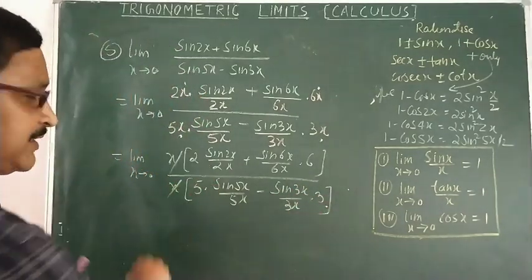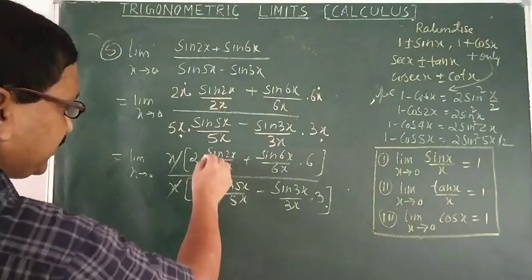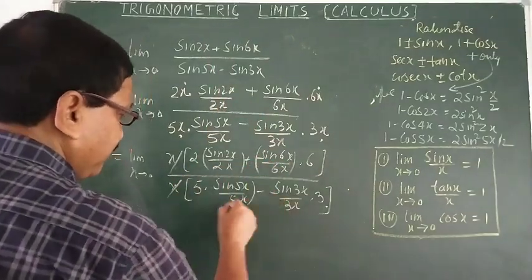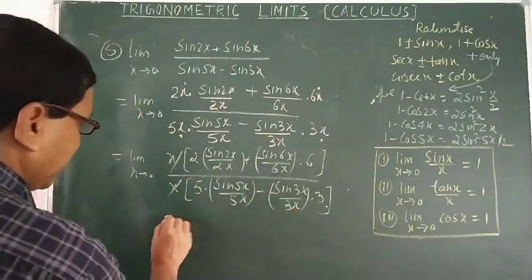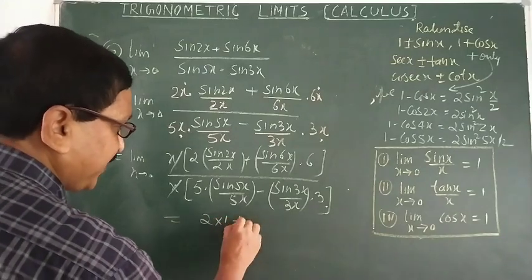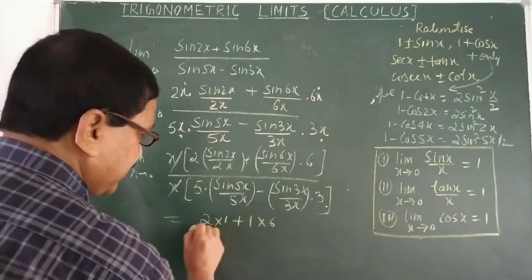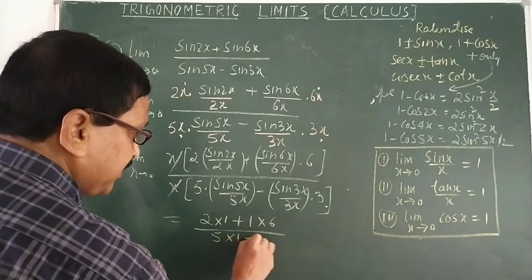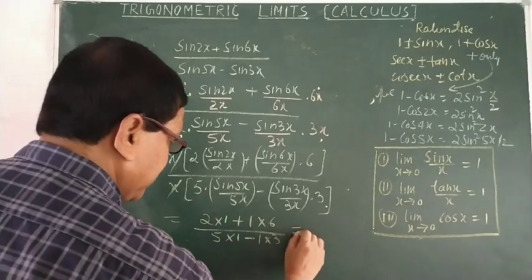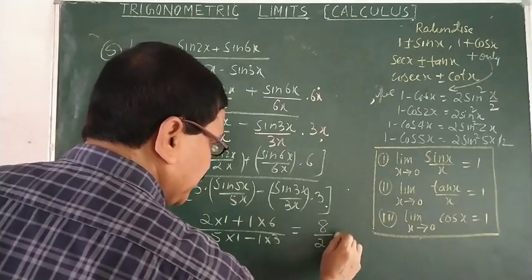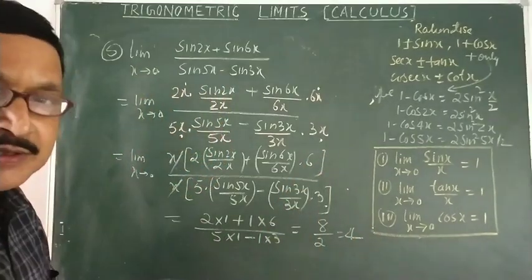So x cancel. Now you can put the value. This is 1. This is 1. So your answer is 2 into 1 plus 1 into 6 by 5 into 1 minus 1 into 3. 8 by 2. So 4 is the answer, required answer.